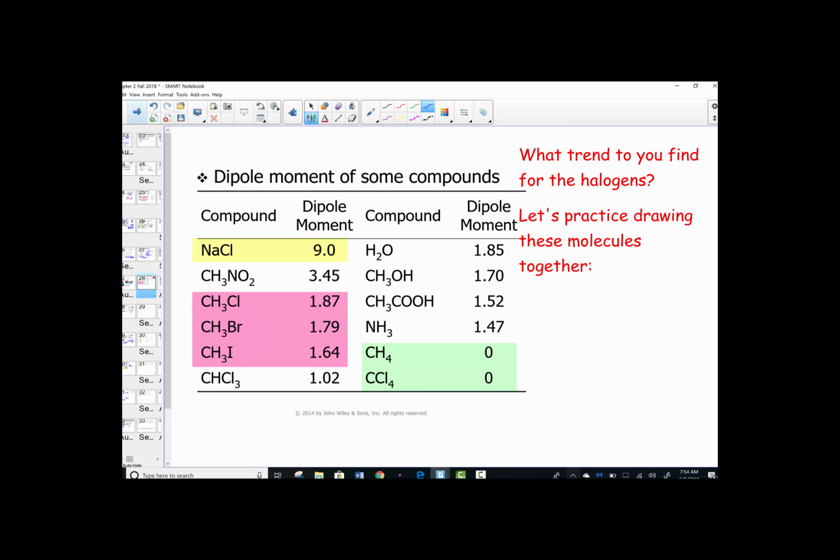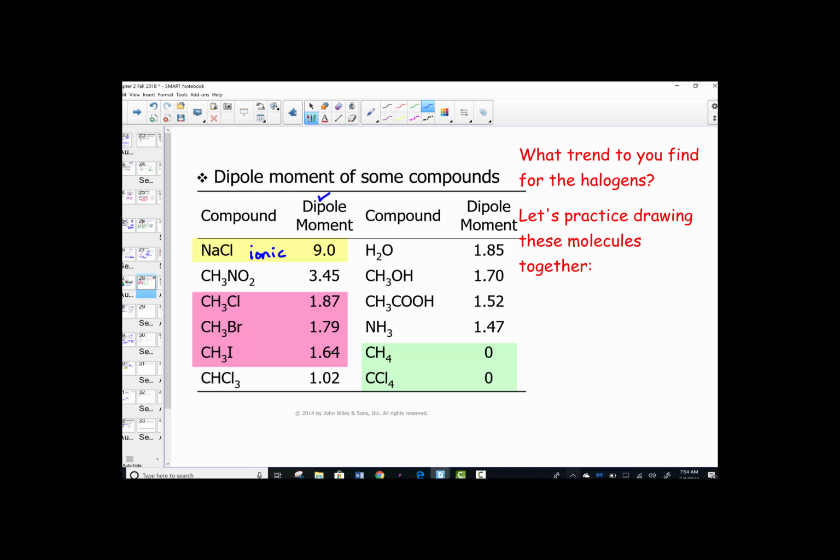So when I look at these examples of numbers for debye units called a dipole moment, notice that this ionic compound has an extremely high dipole moment because it's made of charged ions. So it's not appropriate to call it polar or nonpolar. We need a molecular compound, and everything else on here are nonmetals hooked together, so molecular compounds.